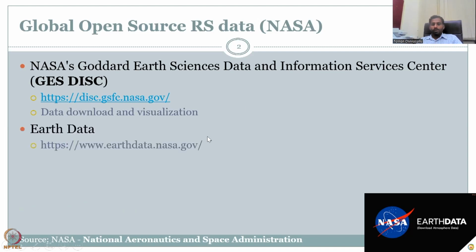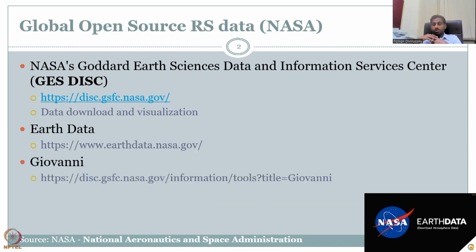So NASA has multiple data archives, not only GES DISC, which is what I use widely, but there's also something called Earthdata, and there's also Giovanni. And multiple more will come, but I'll just stop here. Everything has different interfaces, but it will be the same data.